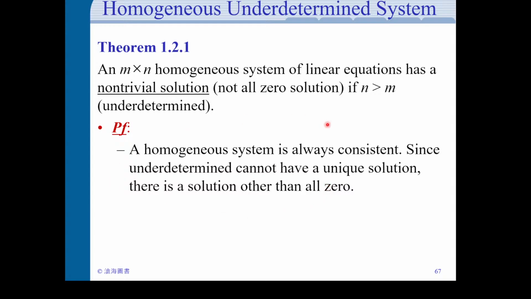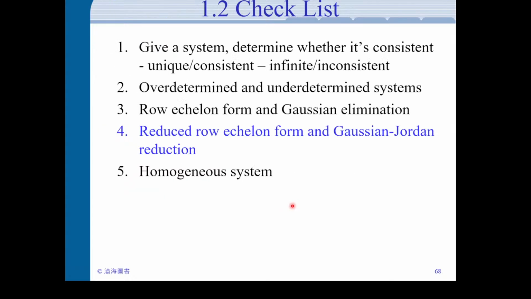The proof is quite simple. A homogeneous system is always consistent. And remember, an underdetermined system either has no solution or has infinitely many solutions. It cannot have just one solution. So this system has a solution, and then it must have more than this trivial solution, so it has a non-trivial solution.